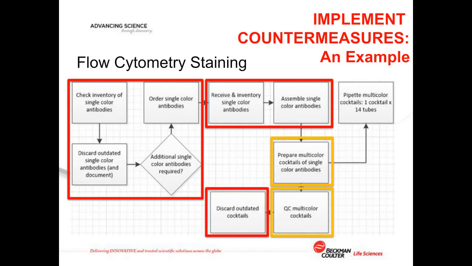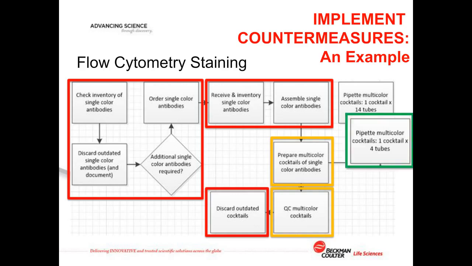Now, you say, well, okay, that seems like a wonderful thing to address, but I don't currently have the resources to do this. Is there another way to do that? So you could actually try to directly fix these problems, or you might be able to fix another problem. And that is, instead of having 14 tubes, we can go to 4 tubes. The way you do this is to switch from a 4-color instrument to a 10-color instrument.